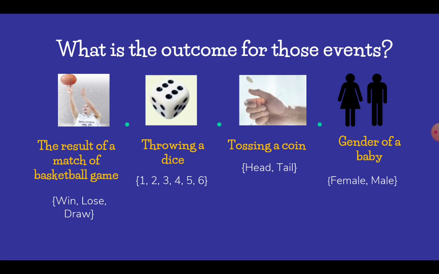Okay, so as we look at these examples, we can see that some examples might have 3 or more possible outcomes, but some examples lead only to 2 outcomes, and the outcomes must be only those possible outcomes. Like tossing a coin, you can only have head or tail. Like gender, we can only have male or female. We cannot have both head and tail.